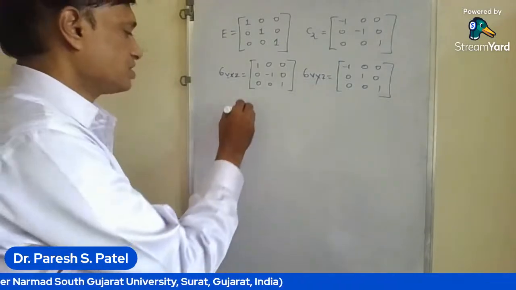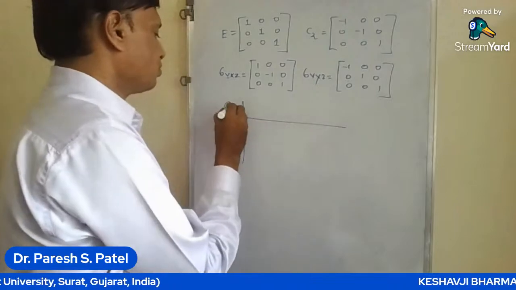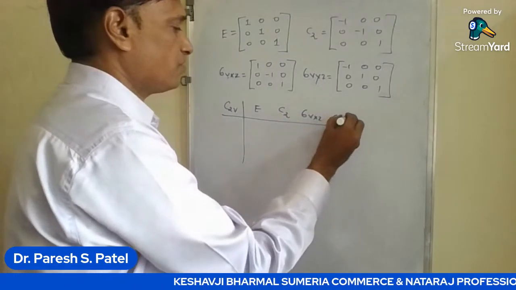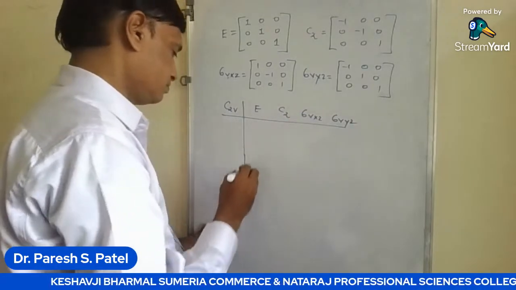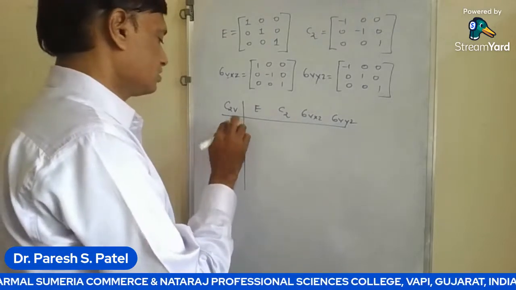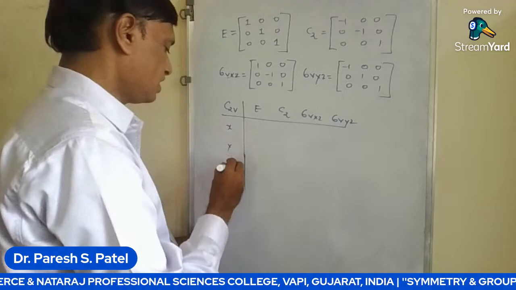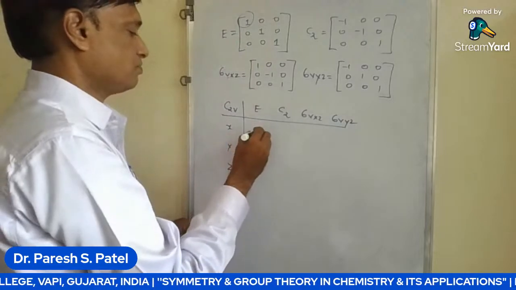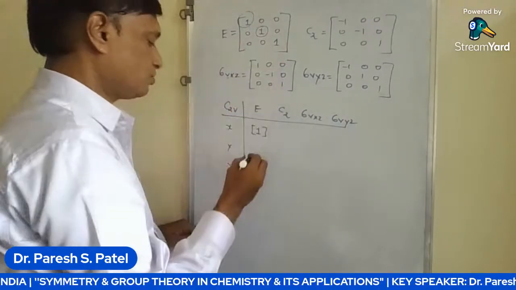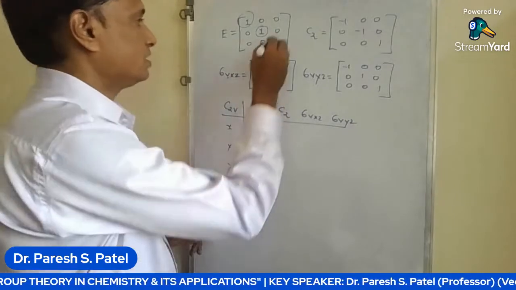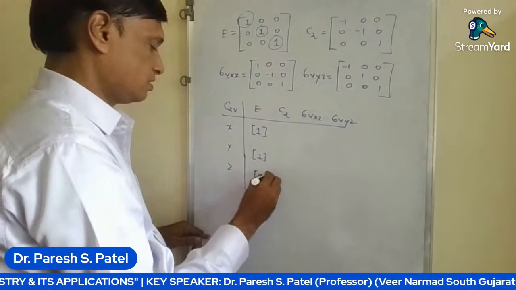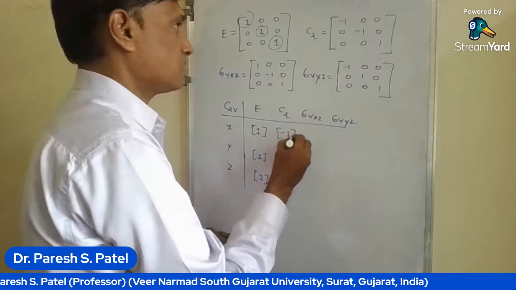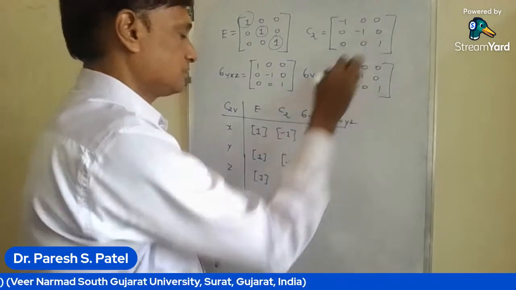So these four matrices are recognized as a reducible representation. Why? We can reduce this three-dimensional matrix into lower dimensional matrices. So how do we reduce it? E, C2, sigma Vxz, sigma Vyz with respect to X, Y, and Z. This is with respect to X, a 1 by 1 matrix, with respect to Y, and with respect to Z. Similarly, C2: with respect to X, -1, -1, and 1.